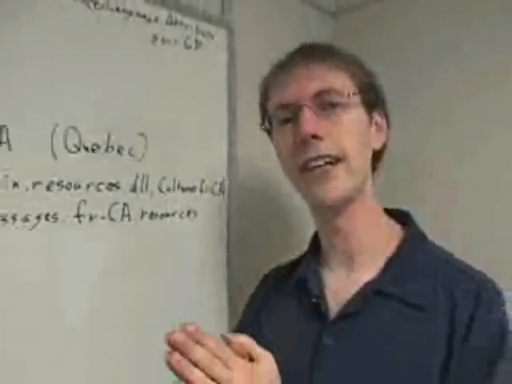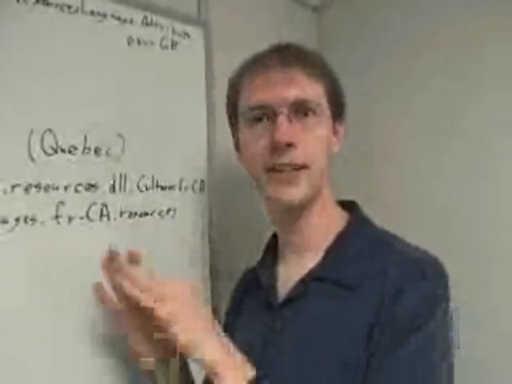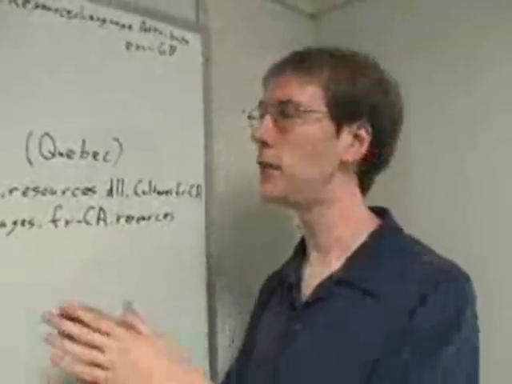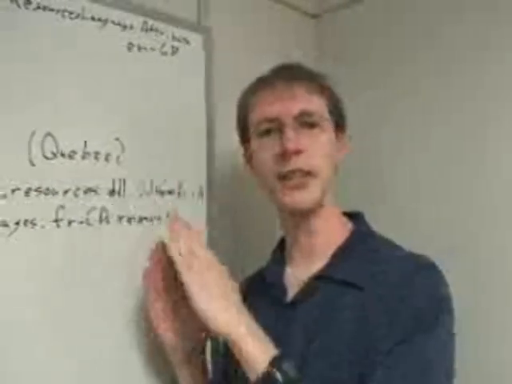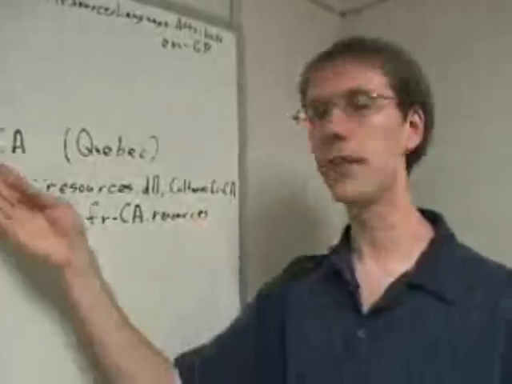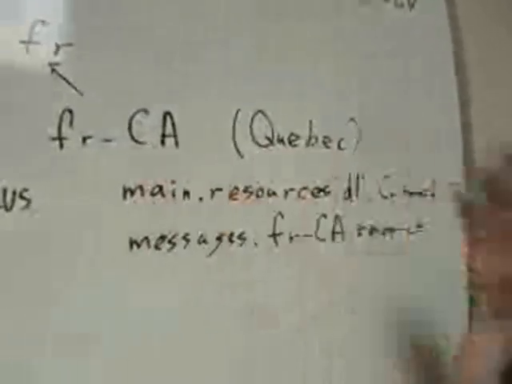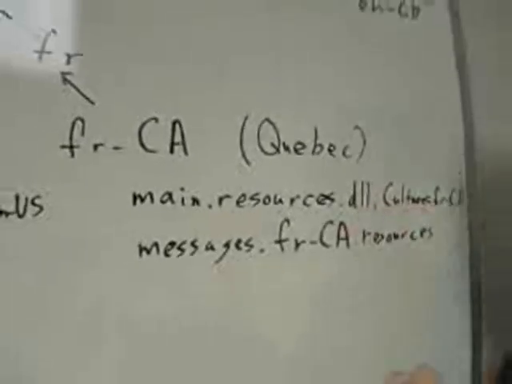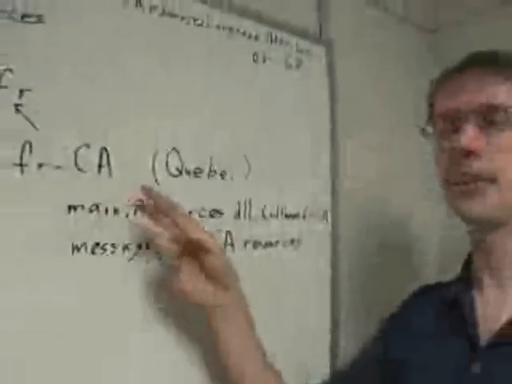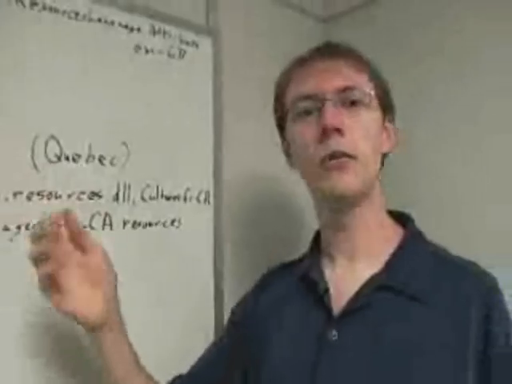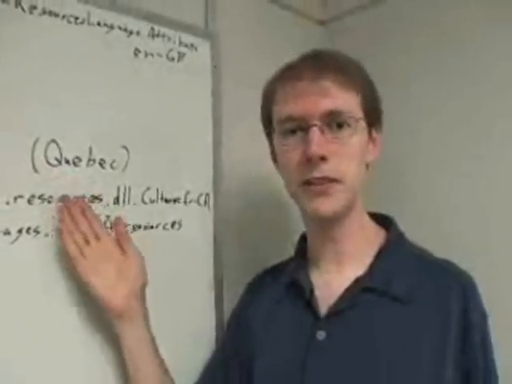The interesting thing here is that resource fallback can help you out in a number of ways. If you only localize to French-Canadian, then you ship this satellite assembly, and if your thread's current UI culture is set to French-Canadian, we will look for this satellite assembly for doing your resource lookups.